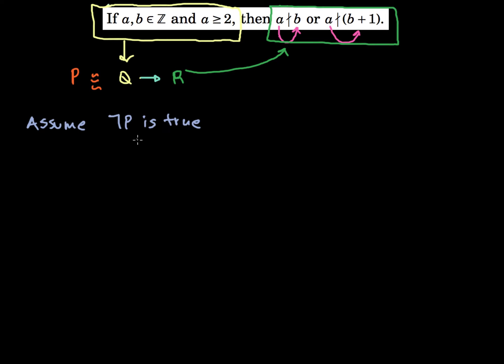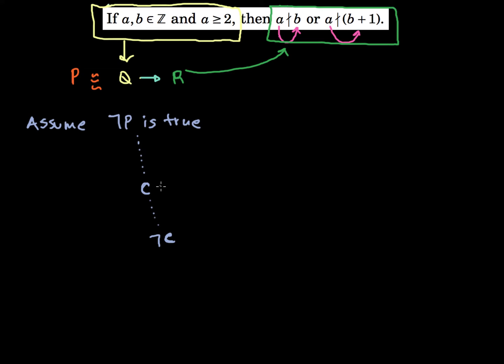If I make the assumption that not P is actually true, the intuition here is that by making this assumption, I'm then going to apply some rules of inferencing. Let's say that after applying rules of inferencing, I conclude that C is true. But then if I keep on applying more rules of inferencing, I might conclude that not C is true as well.